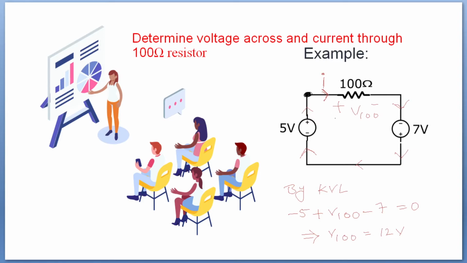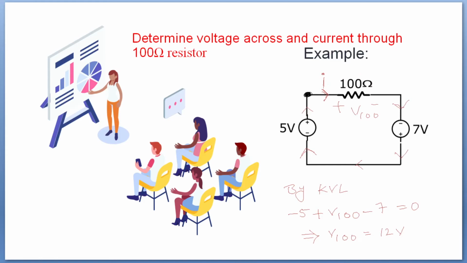Once again I am explaining. First you have to identify the path in which you are applying KVL. In that path assign the current direction, and in the direction of current put positive and negative signs across the elements.